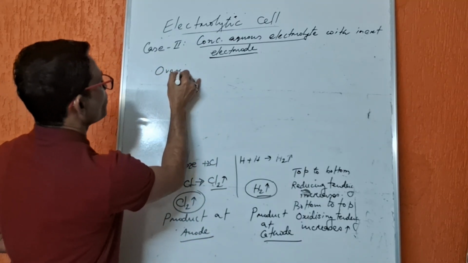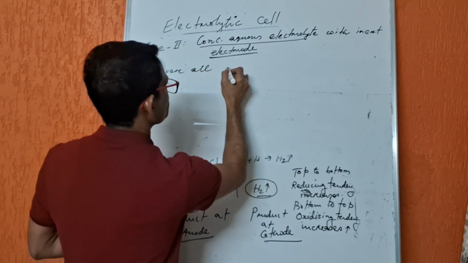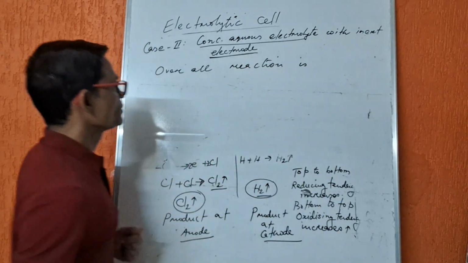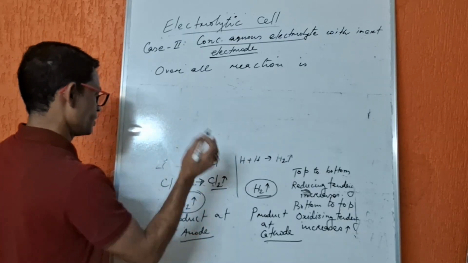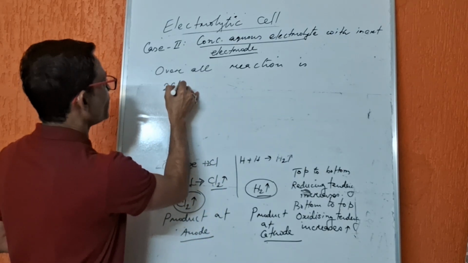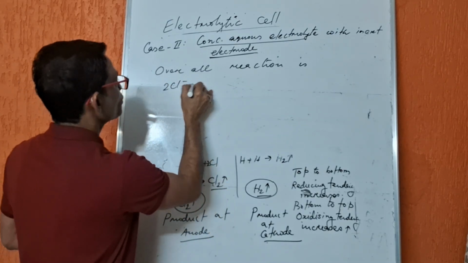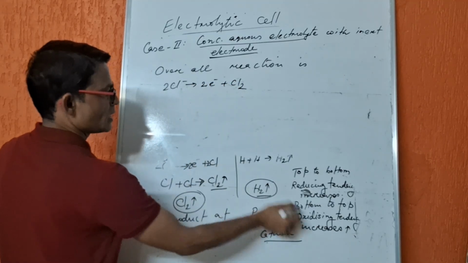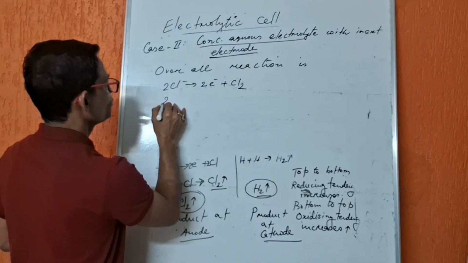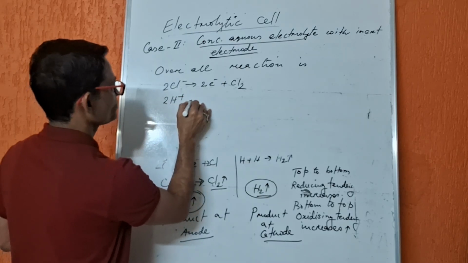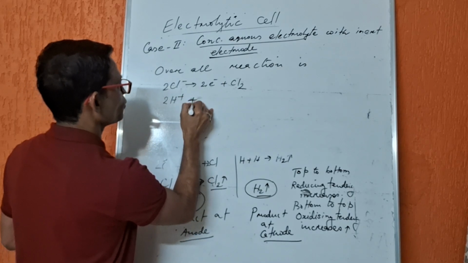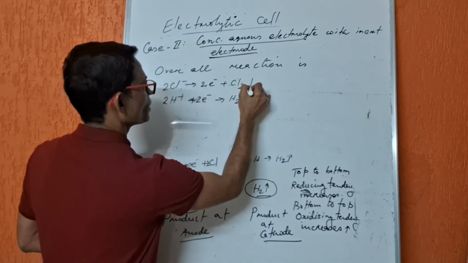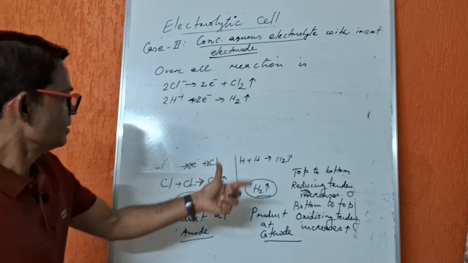The overall reaction is 2Cl minus giving Cl2 with 2 electrons, and 2H plus with 2 electrons giving H2.